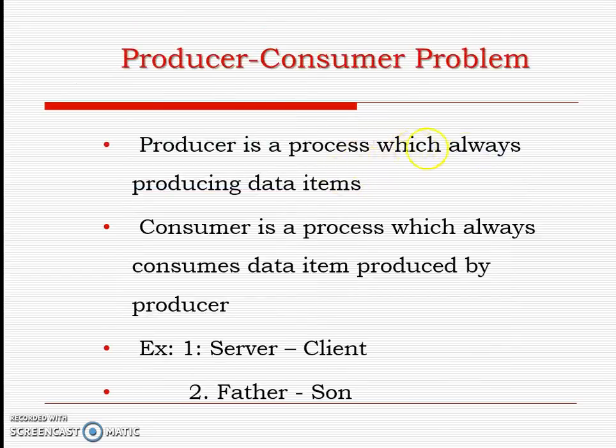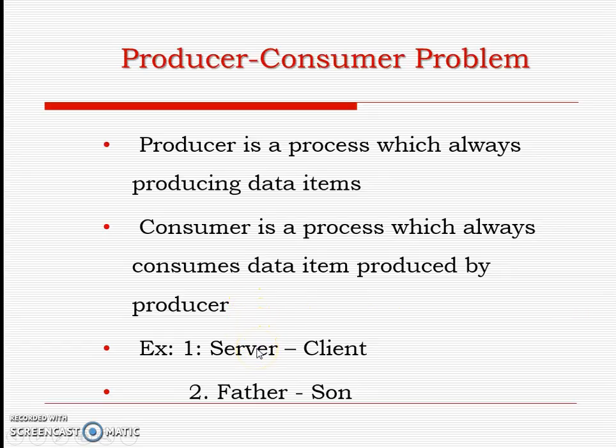One good example of shared memory is the producer-consumer problem. The producer is a process which is always producing data items. The consumer is a process which is always consuming the data items produced by the producer. For example, client and server.